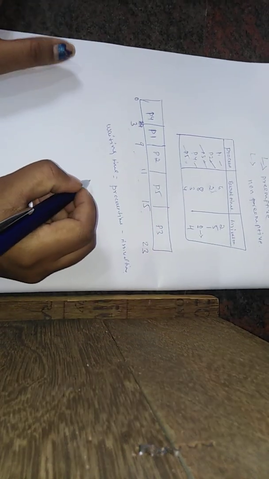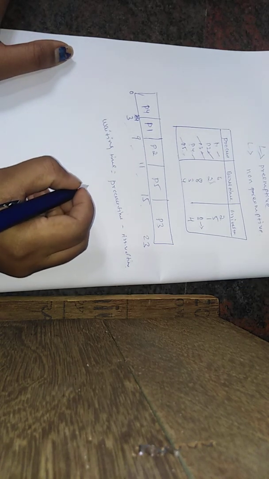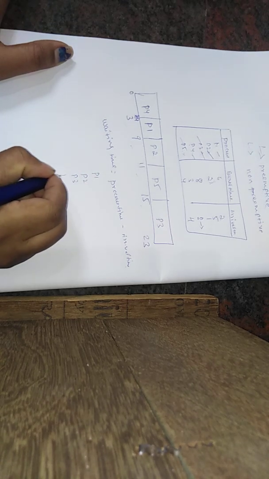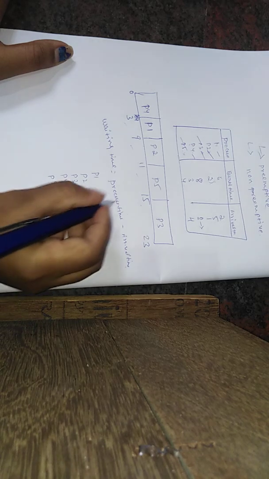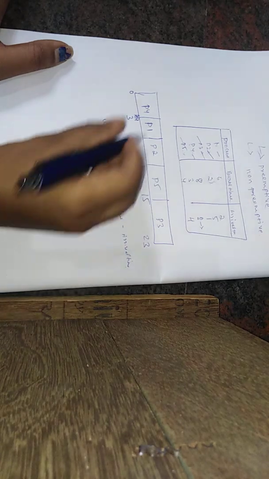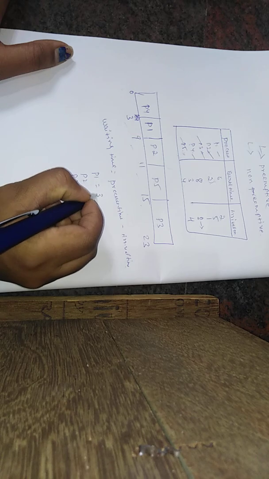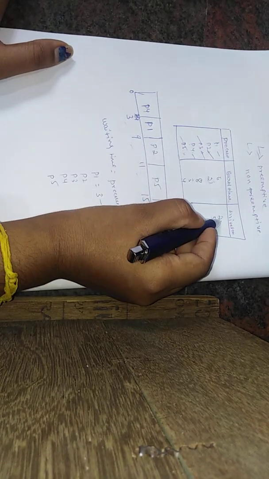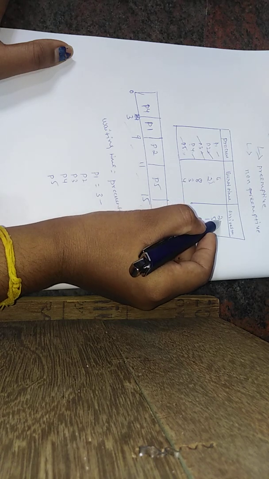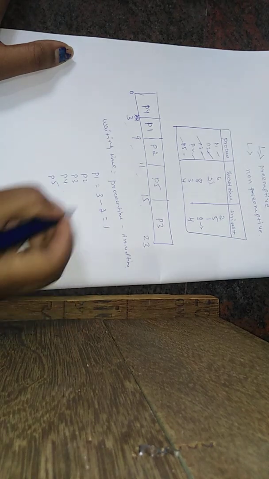Then first we write the values for P1, P2, P3, P4, P5. First, P1 process value is 3. We should see it on the left side. So 3 minus arrival time 2 is equal to 1.